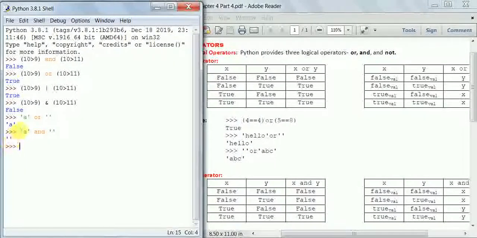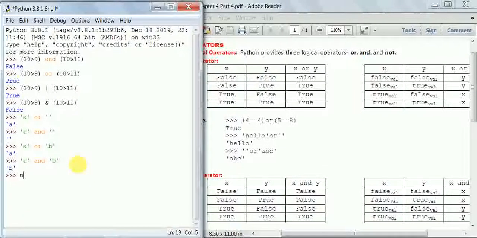If both the values are true, then AND gives the second value.